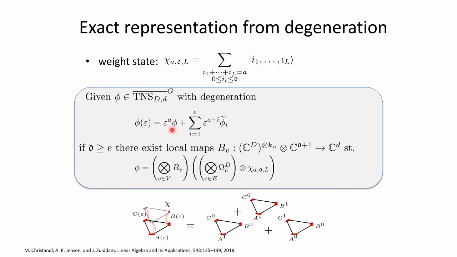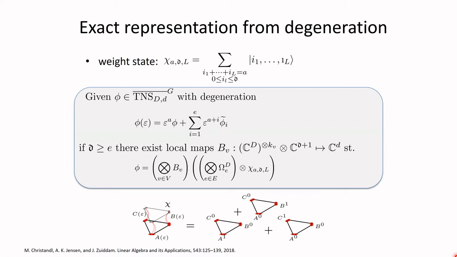What we can instead do is interpolate this polynomial to 0 if we evaluate phi of epsilon divided by epsilon to the A at sufficiently many fixed epsilons. And then we can implement this interpolation in terms of these local maps if we supply this additional weight state to the whole mix. And in this way, we get an exact representation of our state.